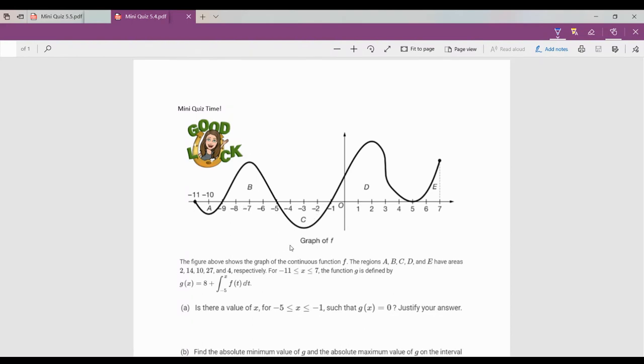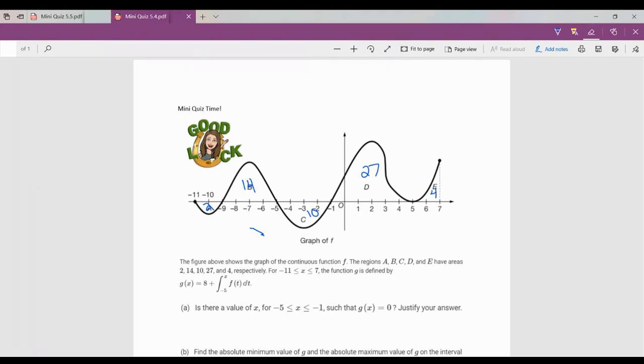Today we are going to go through the mini quiz from 5.4, where we have this graph of f, and it tells us that the regions A, B, C, D, and E have areas. I'm going to label it on the graph because I like to be a little more visual. So we've got 2, 14, 10, 27, and E is 4.